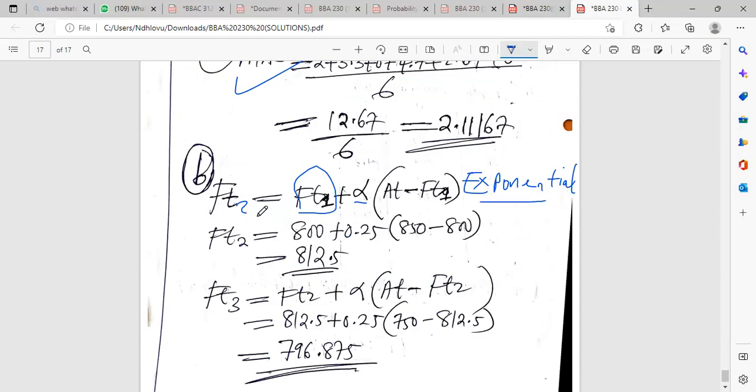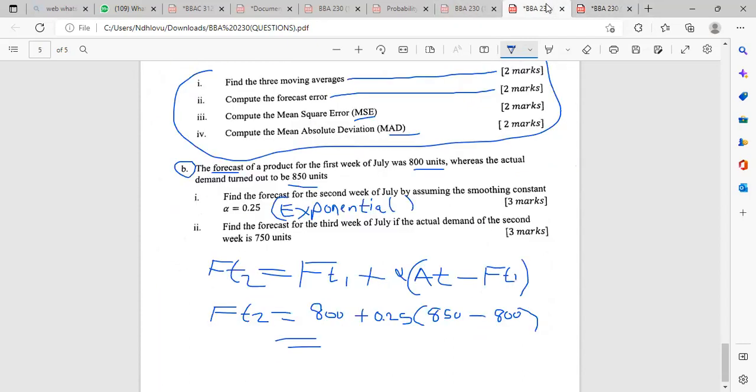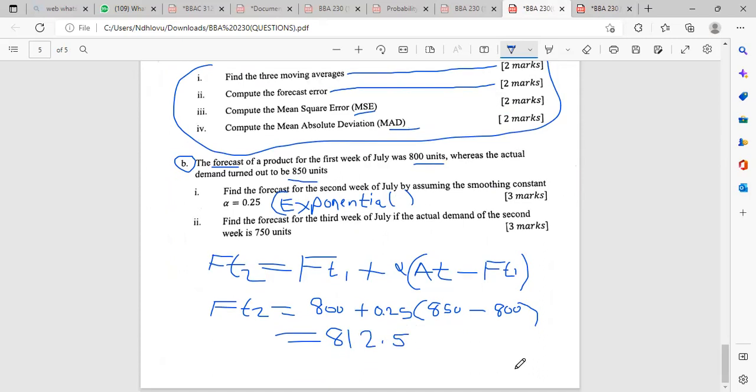So our forecast for week 2 will depend on the forecast for 1, because I've written here how you get it. So 812.5 is the forecast for week number 2.